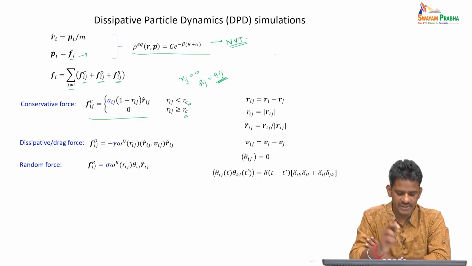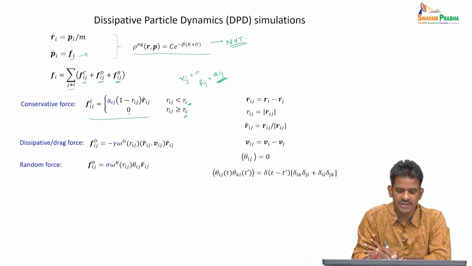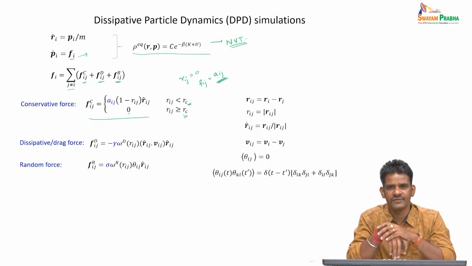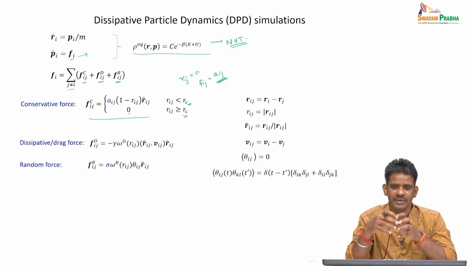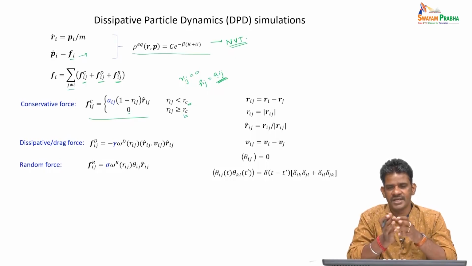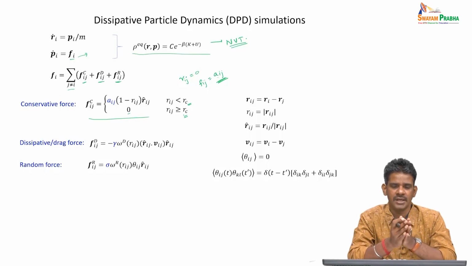And this interaction goes to 0 the moment the two particles are at a distance of RC and beyond. This is the nature of the conservative force proposed in this DPD simulation. The fact that it is a very simple linear force allows you to take a very large time step. This has to be contrasted with other forces, like Lennard-Jones or other short range forces, where the curvature of the potential limits how much delta T you can use.